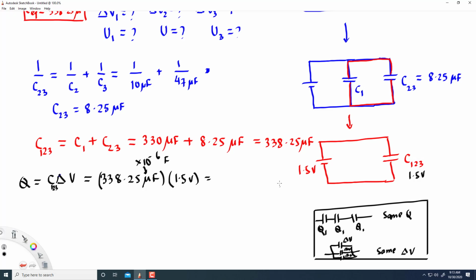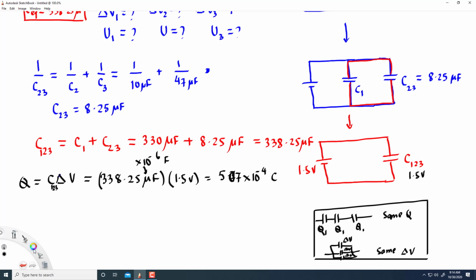I will show you why, but let's find it out anyway. 5.707 times 10 to negative 4. So that's coulomb.